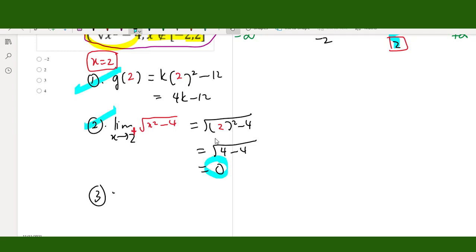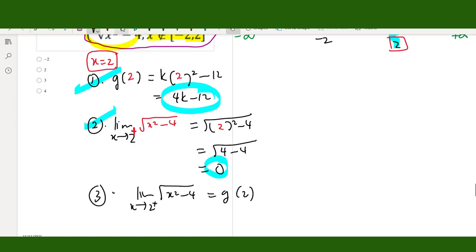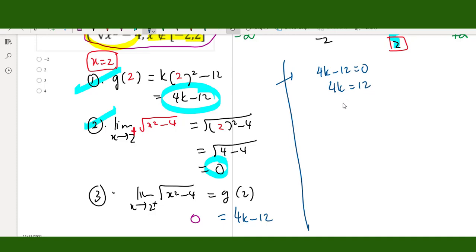This means the limit as x approaches 2 from the right of x squared minus 4 is equal to g of 2. This one is 0, and this one is 4k minus 12. Then 4k minus 12 is equal to 0, so 4k is equal to 12.